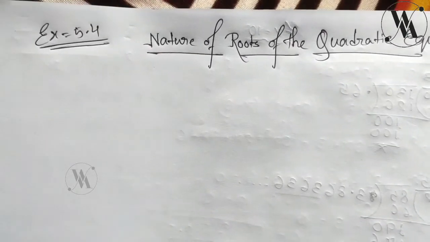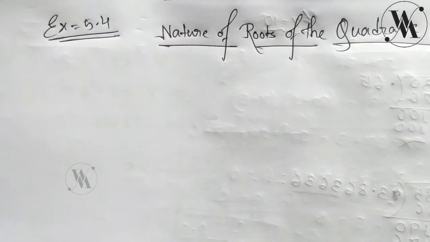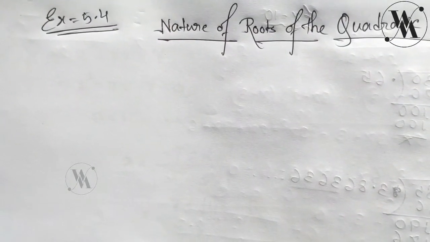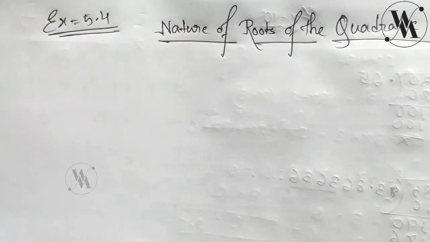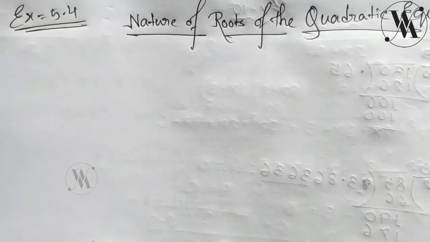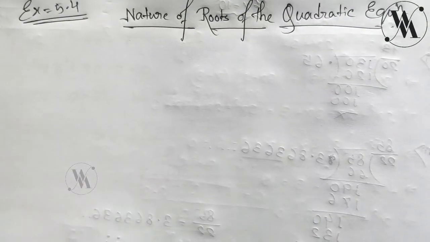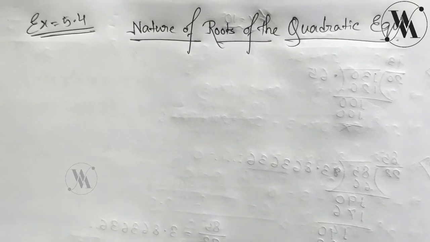Now, in the previous video, we discussed the Sridhar Acharya formula. In this exercise 5.4, we are going to learn how to find the nature of roots of a quadratic equation. I hope all of you remember the Sridhar Acharya formula.